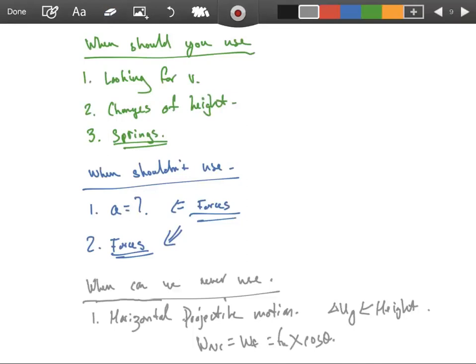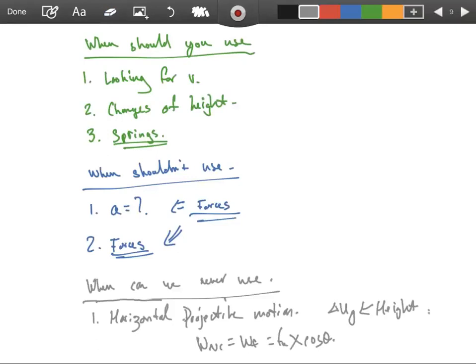I won't be able to find anything about that. In this case, you would have to use kinematic equations for projectile motion, working with both your x direction and your y direction, to find the horizontal range that this particle undergoes. Unfortunately, conservation of energy won't do anything for you when it comes to horizontal distance.